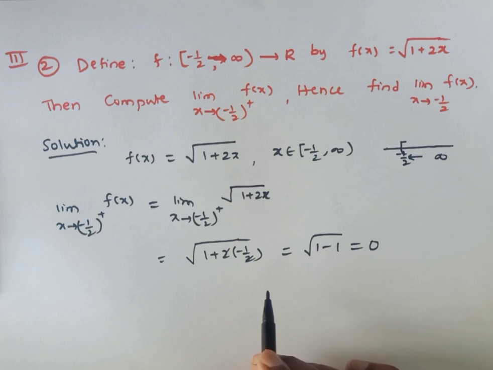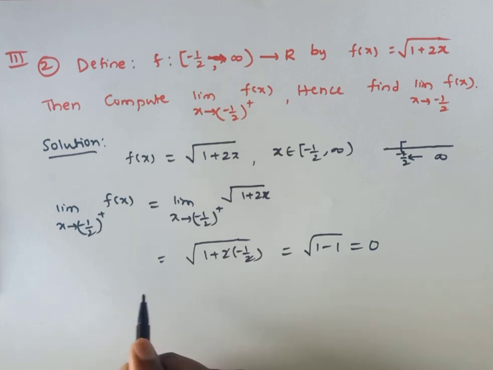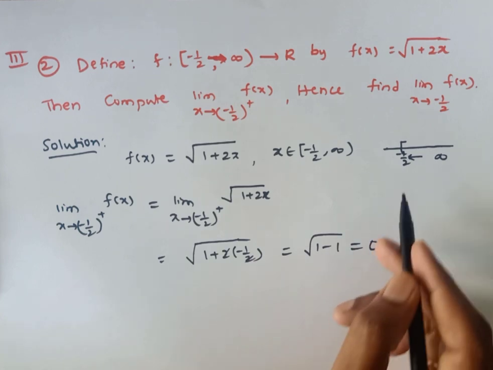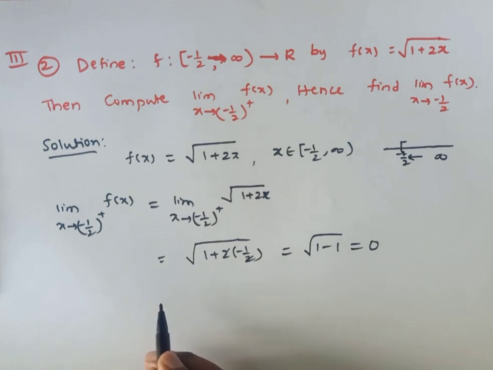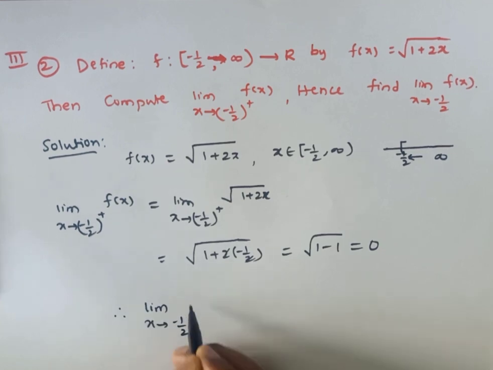For every left end point there is only a right hand limit. Already we have note number 1, that is, limit x tends to a of f of x is limit x tends to a plus of f of x whenever a is the left end point of the interval. Similarly, minus 1 by 2 is the left end point of the interval, and therefore limit x tends to minus 1 by 2 of f of x also exists, and that is 0.